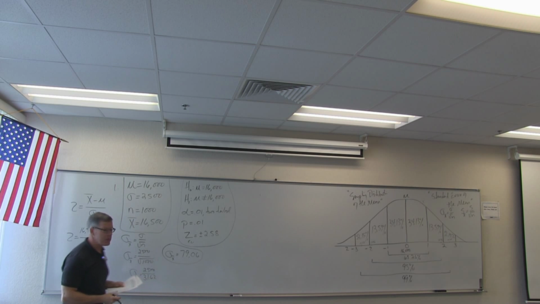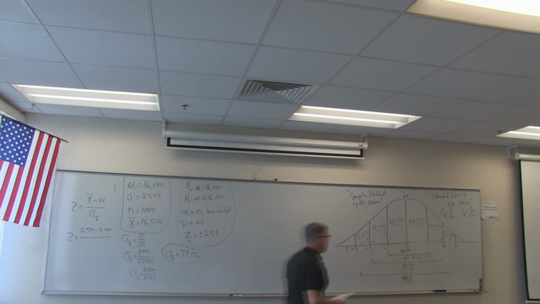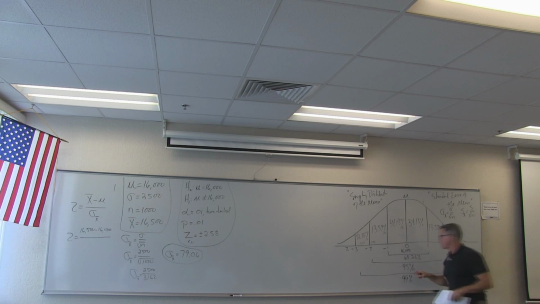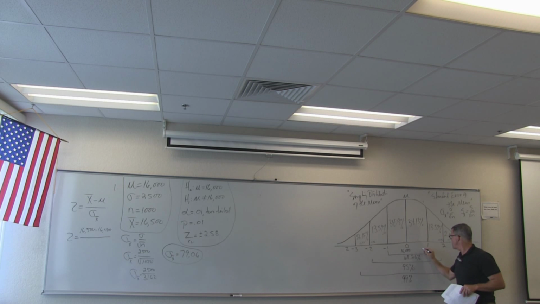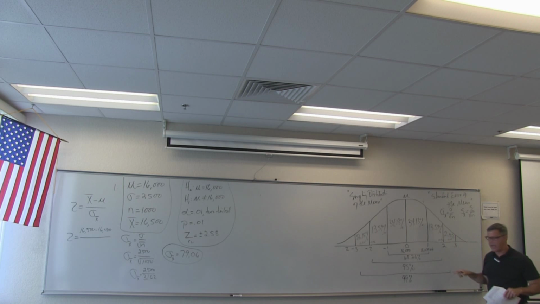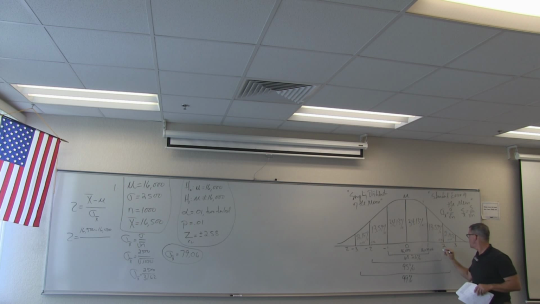That's our scale of measurement. So we know that one z unit in this case equals 79.06 hours. Let's do what we do over here: 16,000 plus 79.06, 16,079.06. And then let's do this again. What is this?